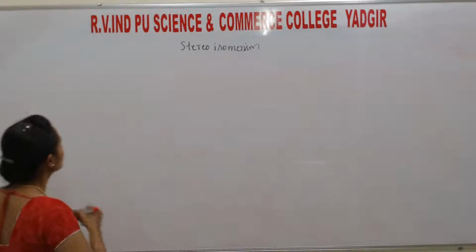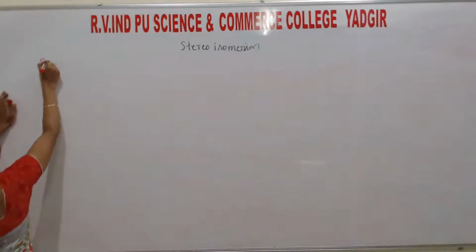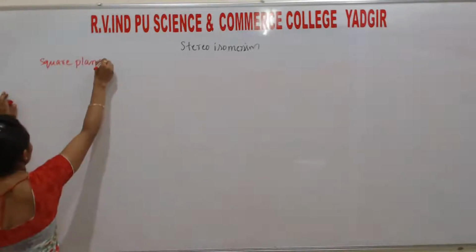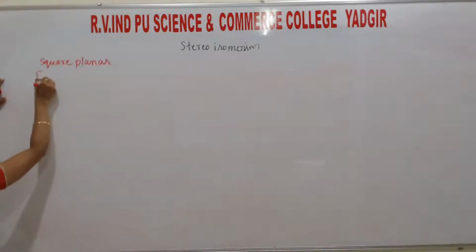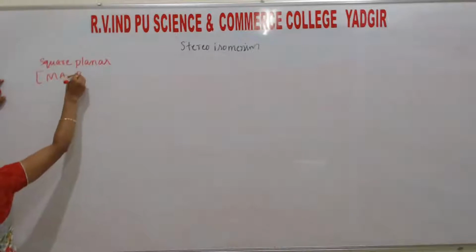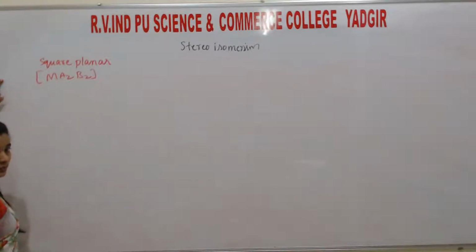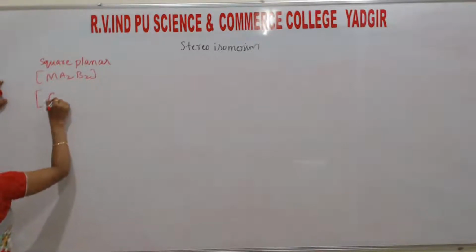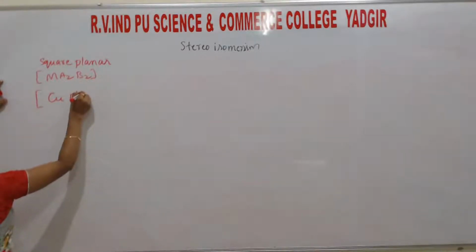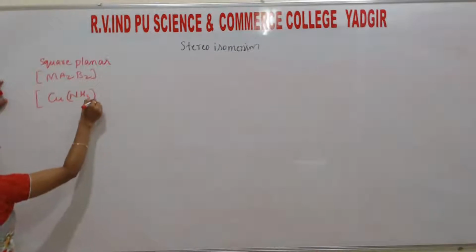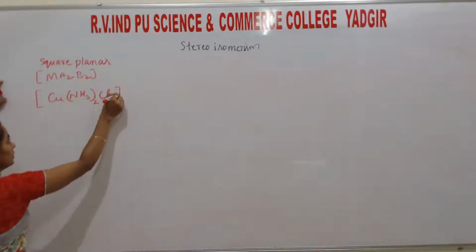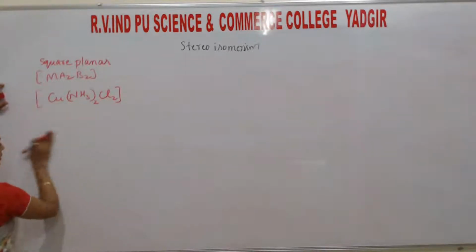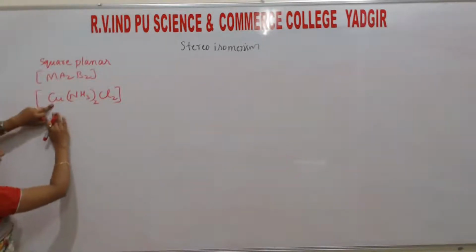So students, here, first one, that is square planar with the formula MA2B2. So example for this is Cu(NH3)2Cl2. Okay. So here, students, the name of the ligands I will write.